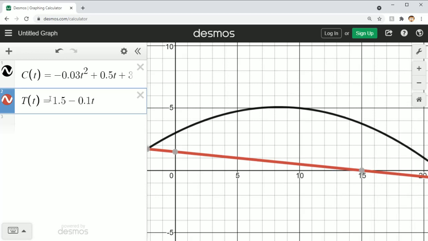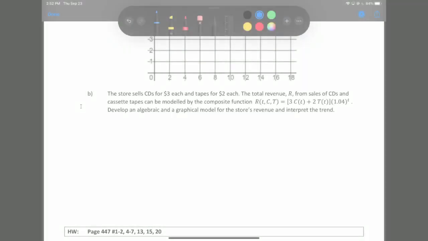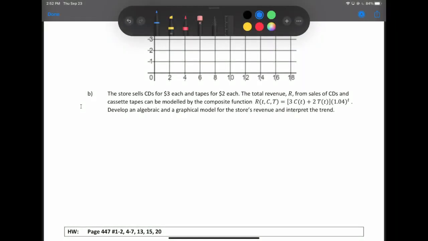The store sells CDs for $3 each and tapes for $2 each. The total revenue R from the sale of CDs and cassette tapes can be modeled by the composite function R at t, C(t), T(t). You know what, I'm going to go back over to this since I'm reading that question anyway.